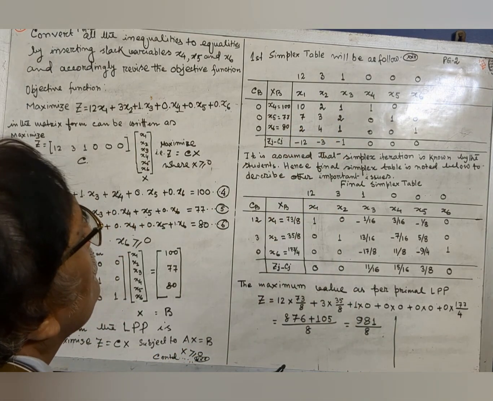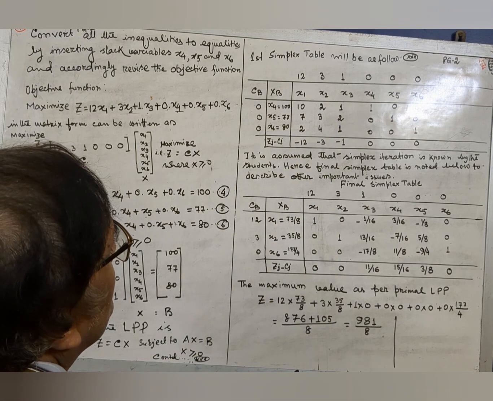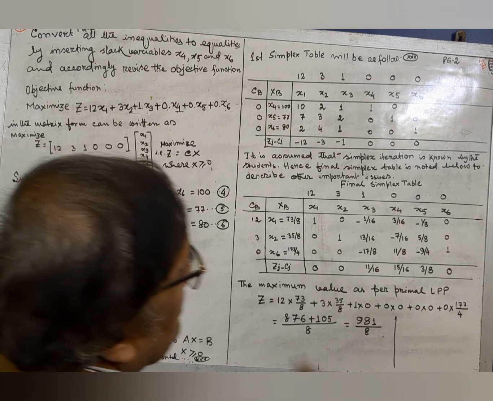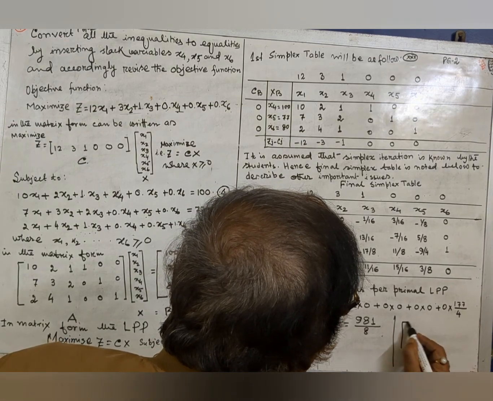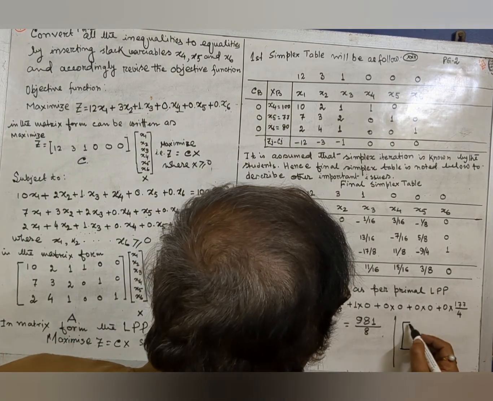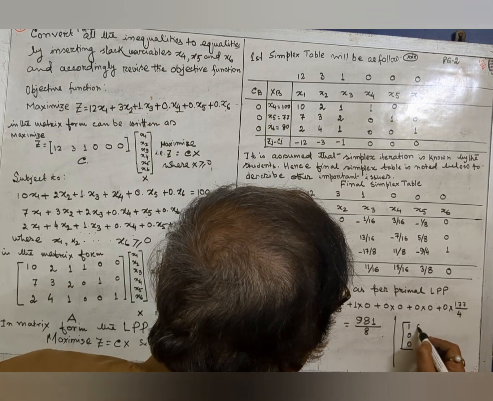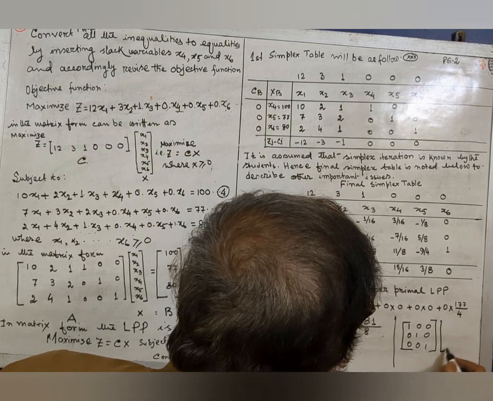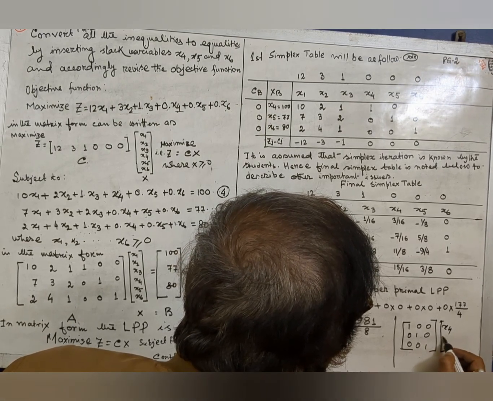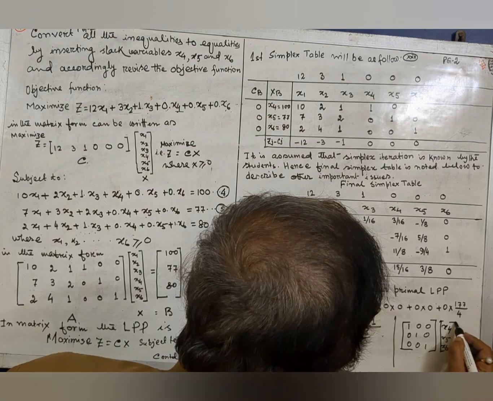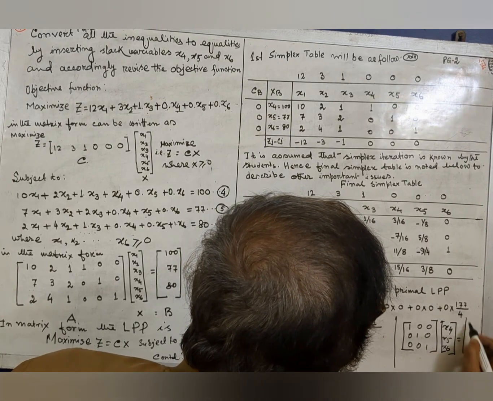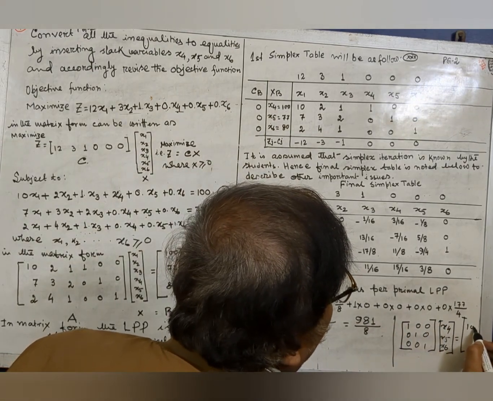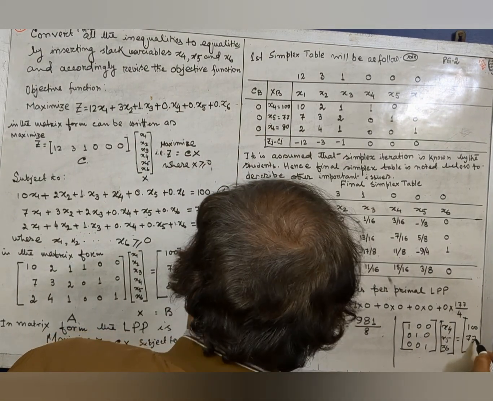That means we assume x1 = 0, x2 = 0, and x3 = 0 in the first case, and the basic matrix is 1 0 0, 0 1 0, 0 0 1, with x4, x5 and x6. If you solve it, it equals 100, 77 and 80.